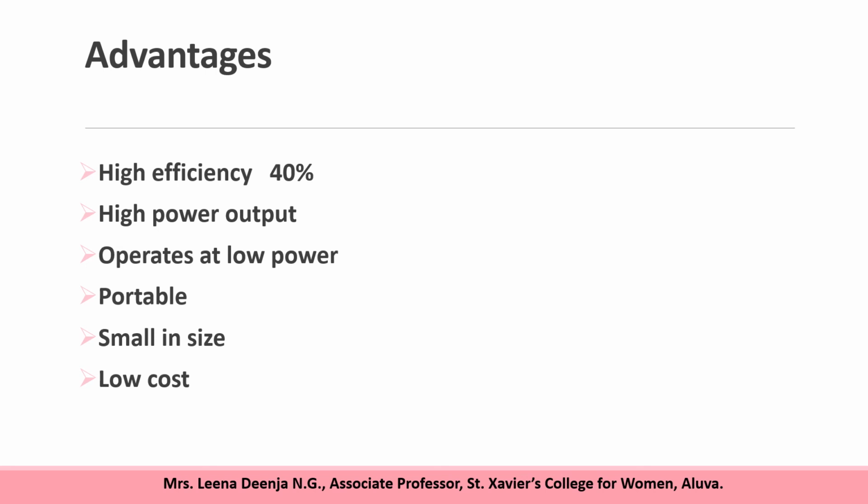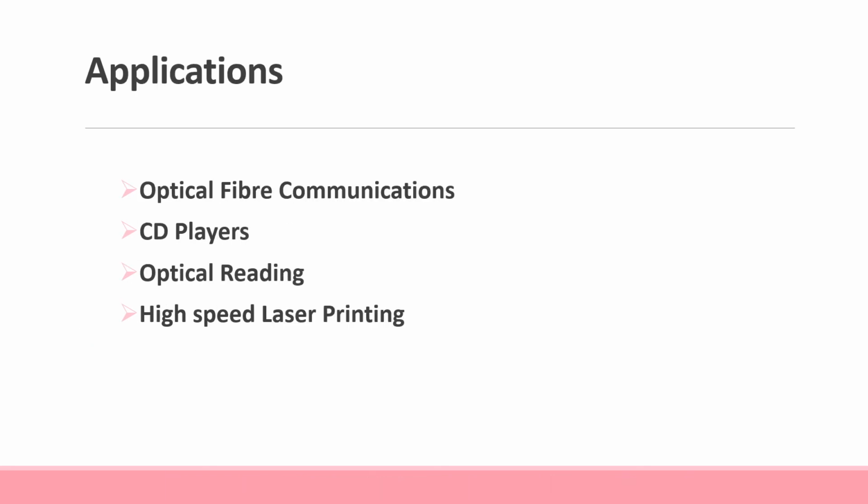One main advantage of this diode laser is that it is portable and the size is very small, and the cost compared to other lasers is very low. Diode lasers are widely used in optical fiber communication. They are used in CD players, in optical reading, and in high-speed laser printing.